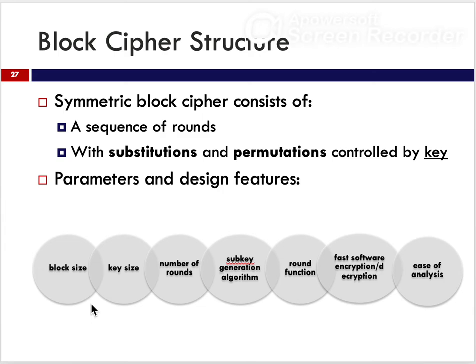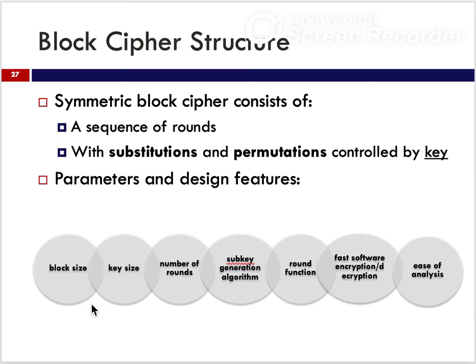Same is key size. You need to decide about the key size. Larger key size means more security. Then we have to decide about the number of rounds. There must be some minimum number of rounds that must be achieved, and after that if we increase the number of rounds, it will increase the security. So more rounds mean more security.